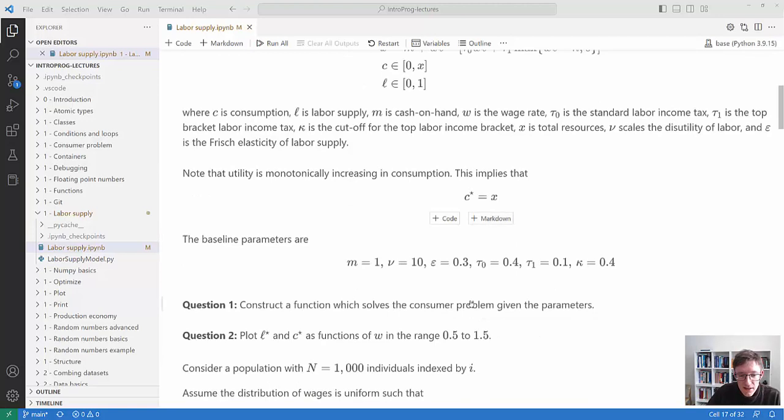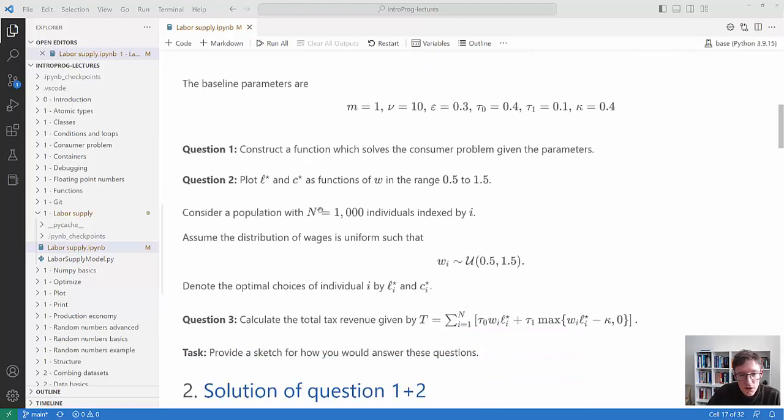Now the questions are that you should construct a function which solves the consumer problem given these parameters. You should plot the optimal choice functions as functions of the wage in the range 0.5 to 1.5. Then you should consider a population with 10,000 individuals indexed by i, where you should assume that the distribution of wages is uniform, such that the wage of the ith individual is drawn from a uniform distribution between 0.5 and 1.5.